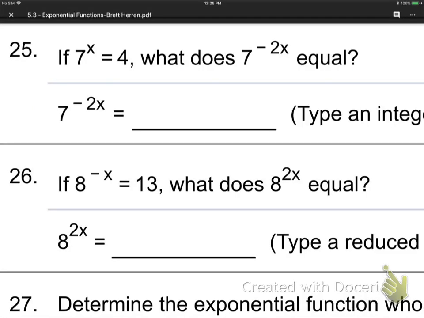Okay, so they're saying 7 to the x is 4. I don't even know what x is. And then they're saying, hey, if you know that 7 to the x is just 4, could you find 7 to the minus 2x? What would you need to do to this guy to make him look like that?